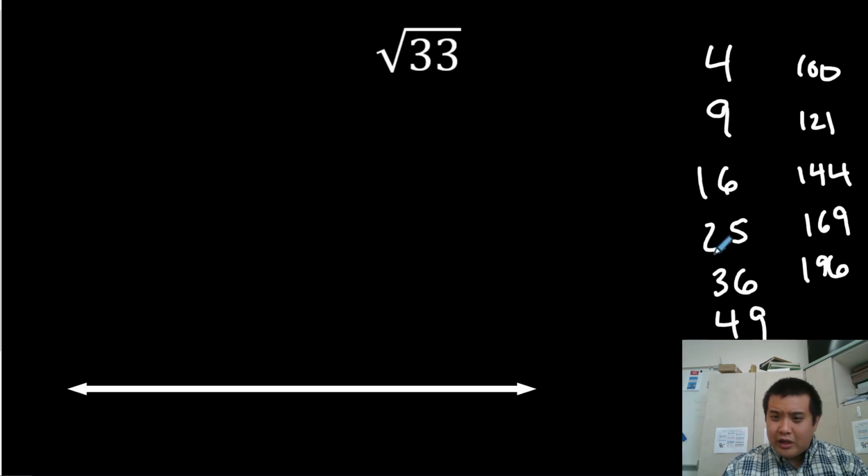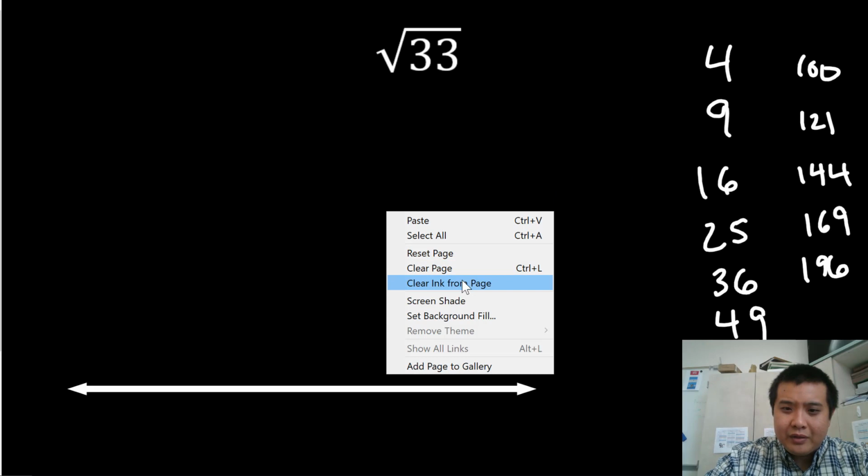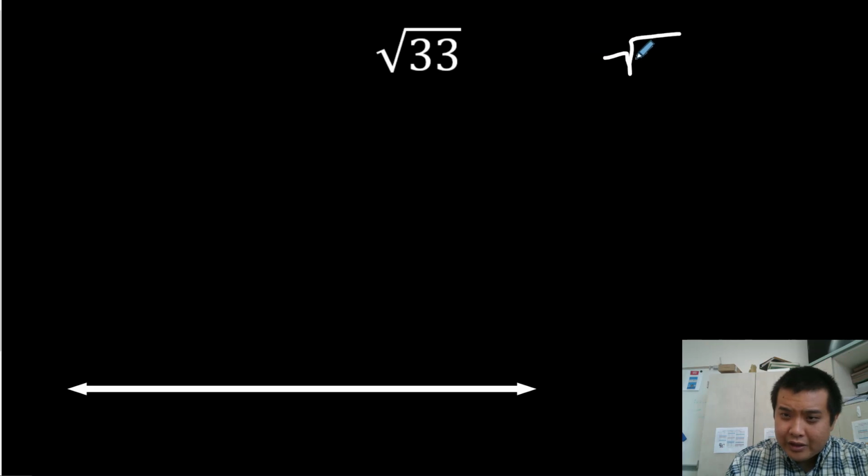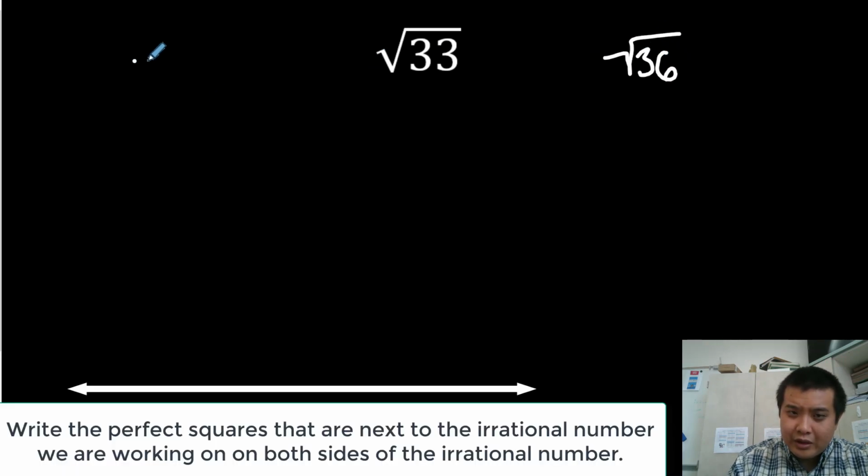root of 33 is going to lie in between the square root of 36 and the square root of 25. So let's do that. So we know that it's going to lie in between the square root of 36 and the square root of 25. Okay, so I'm going to write both of these next to it.